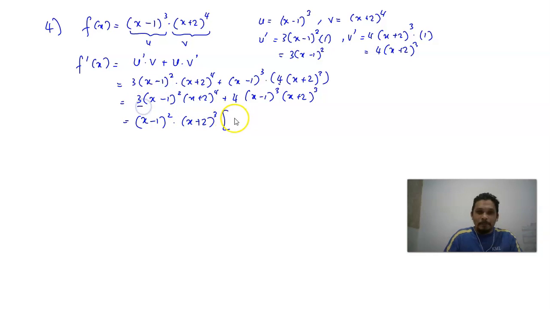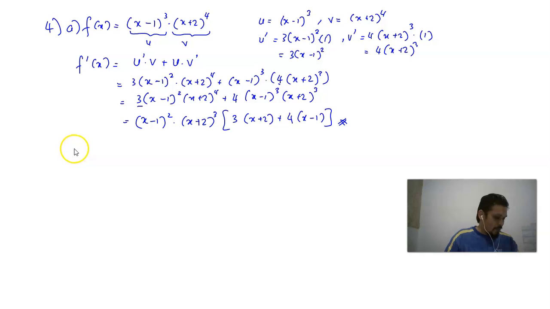Then 3(x minus 1) squared, both have been taken outside, so multiply with 1, and then (x plus 2) to the power of 4, with 3 taken outside, comes out as (x plus 2), plus 4(x plus 2) cubed, where the cube has been taken outside, and (x minus 1) cubed with 2 taken outside leaves (x minus 1). There you go. Okay, this is for question number 4A.